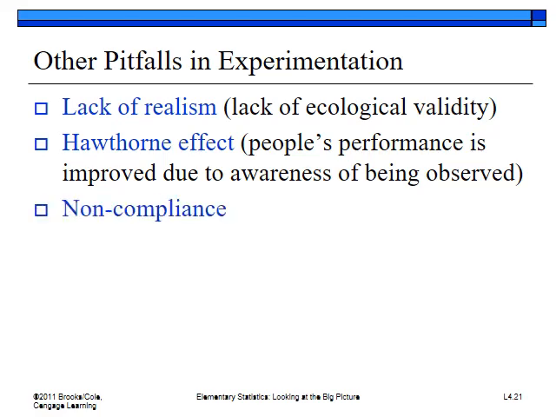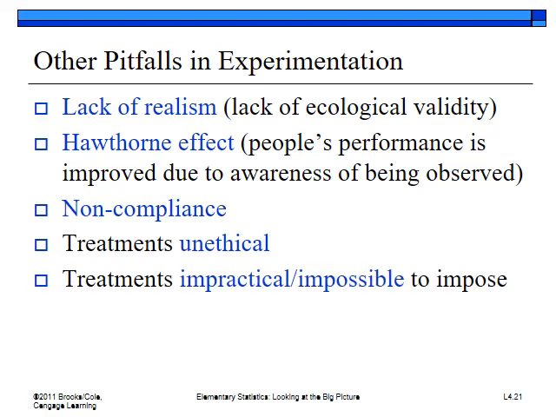Non-compliance is a problem. If we are testing a new drug, for example, that requires the subjects to take one pill every 4 hours for 4 weeks, after a while, some of those participants are probably going to quit taking it, or quit taking it with the regularity at which it had been prescribed. It could also be that the treatments that the experimenters wish to give are unethical, or impractical, and even impossible.